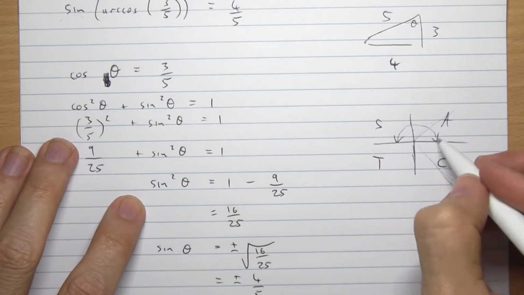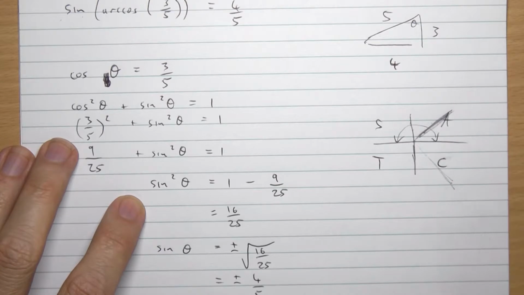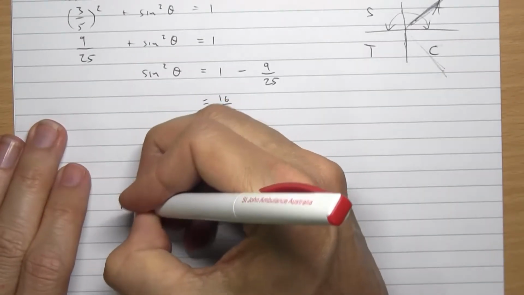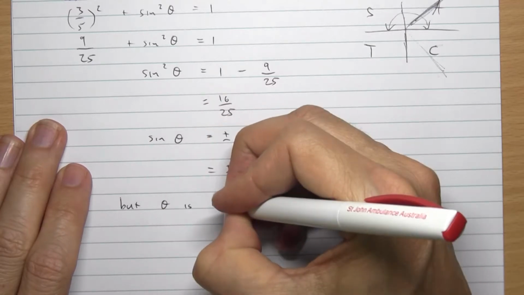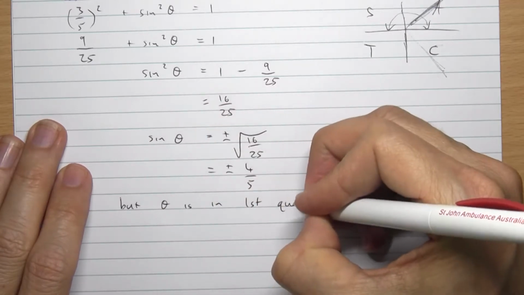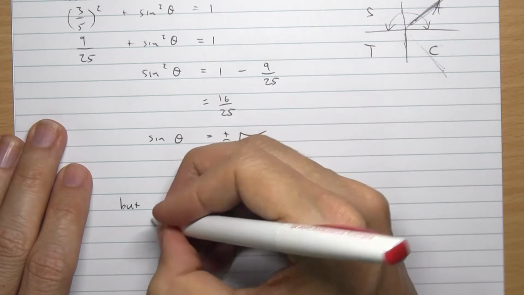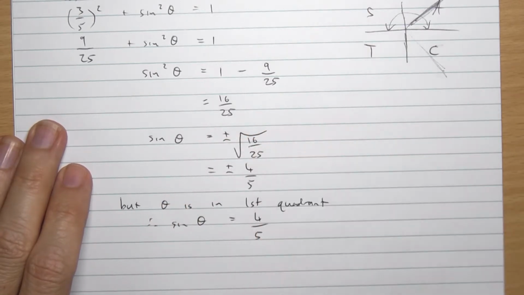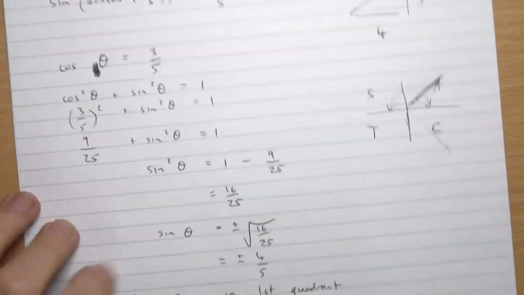So if cos is positive and it's here, then it must be in the first quadrant. So we can write, theta is in the first quadrant, therefore sine theta must be positive 4/5. And then again we've solved it.